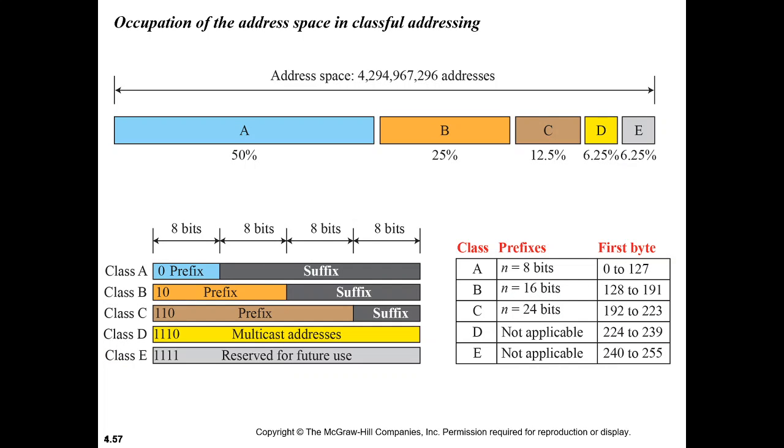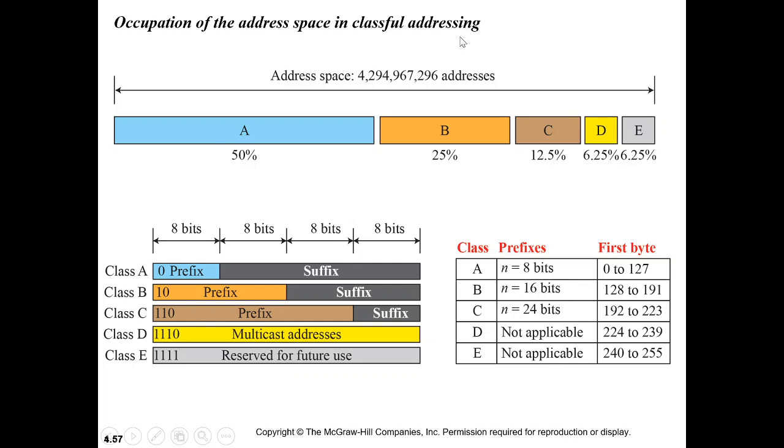Now in IP version 4, the address space is more than 4 billion. So different classes are used, and this type of addressing is called classful addressing. Here addresses are divided into different classes.